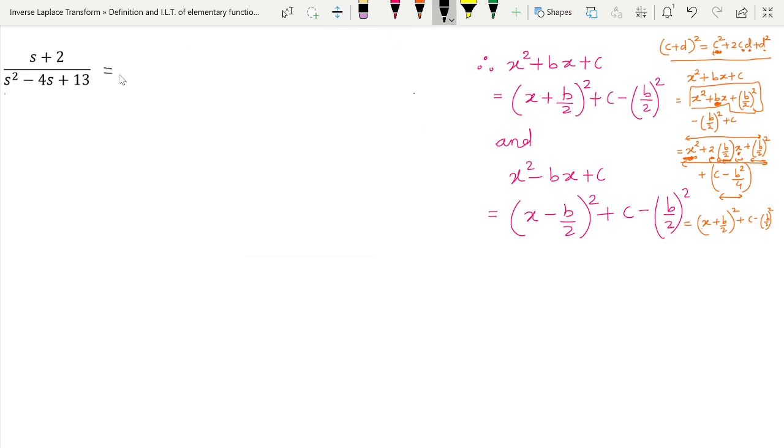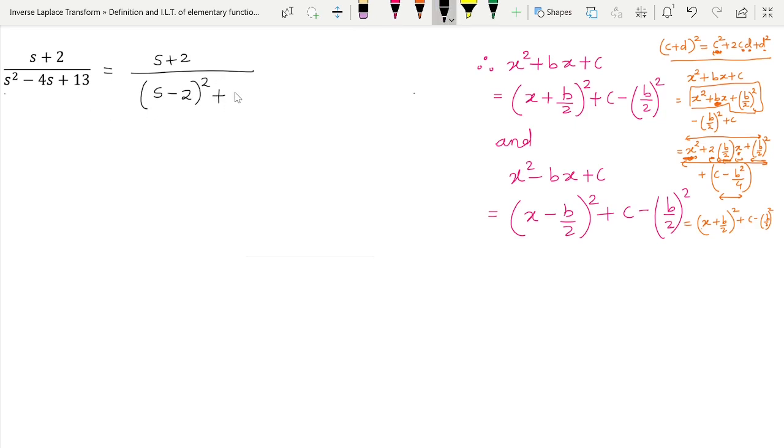So this will be equal to s plus 2 upon, now we are going to complete a square in the denominator, but you might see that the denominator is of this form. So according to this result, this will be s minus. Now what is the coefficient of s? That is 4. So divided by 2, 2 will be left out. So s minus 2 whole square plus, now the value of c is 13.